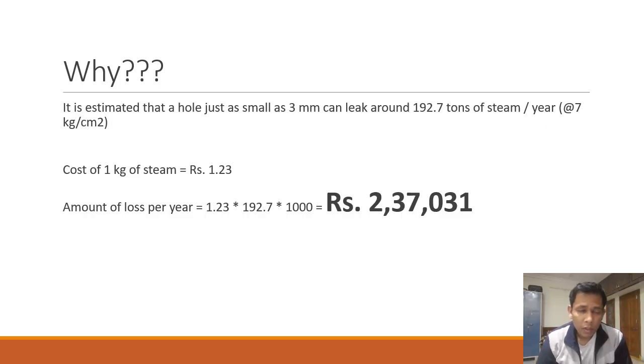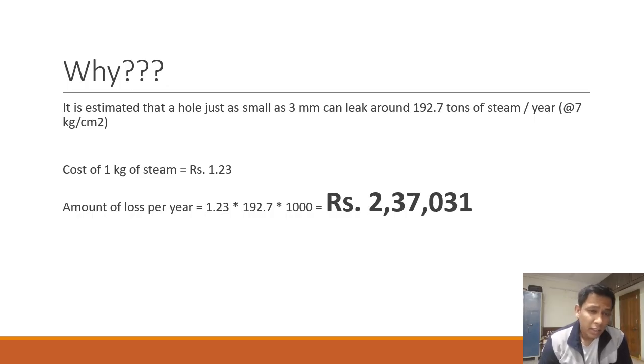You see, if you lose steam, meaning if there is a steam leakage from a hole as small as 3 mm, it can cost you around 192.7 thousand kgs of steam in a year at a pressure of just 7 ksc, and it is even much more at higher pressures.